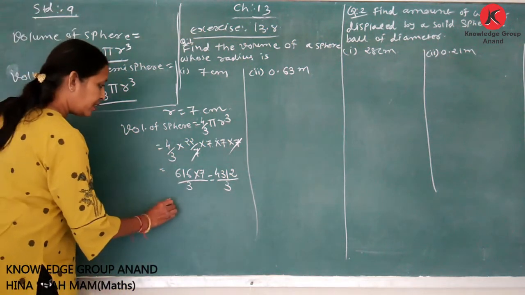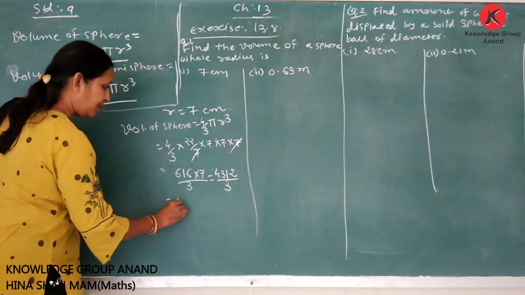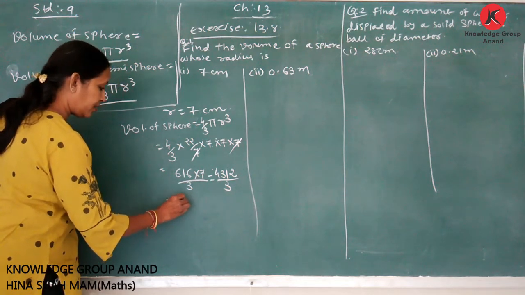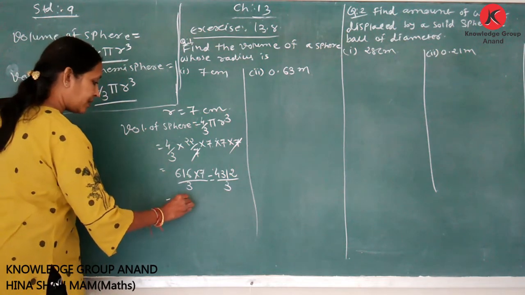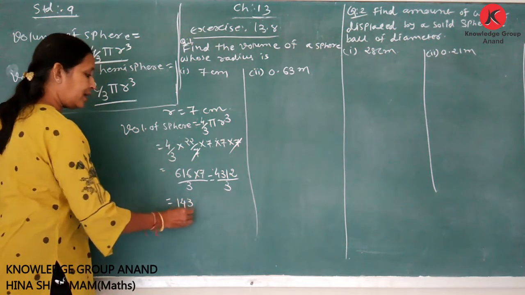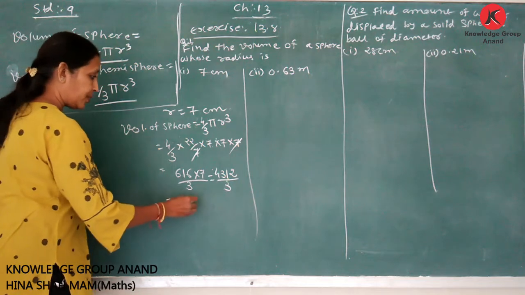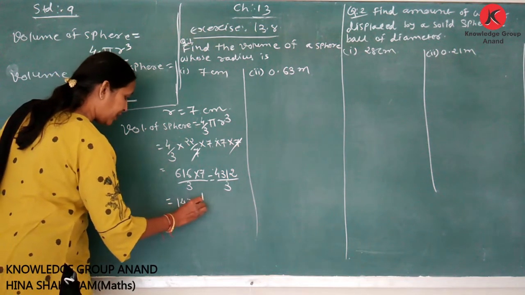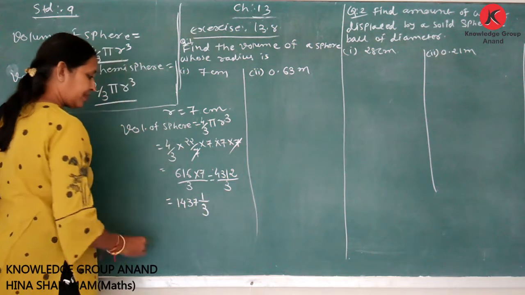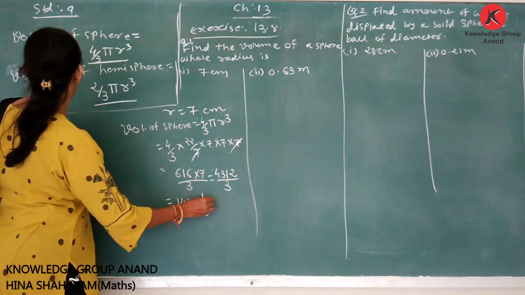Therefore, 3 ones are 3, 13, 3 fours are 12, 11, 3 threes are 9, 22, 3 sevens are 21 and 1 integer 3.